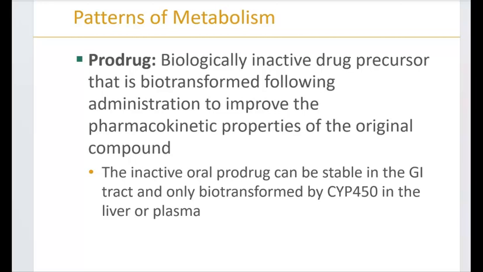Prodrugs are inactive compounds that rely on metabolism to become active. Prodrugs have advantages and disadvantages, and that could be an advantage, maybe because of their absorption or distribution. L-DOPA is a prodrug that is used to treat Parkinson's disease. The problem in Parkinson's disease is a lack of dopamine in the striatum of the brain.